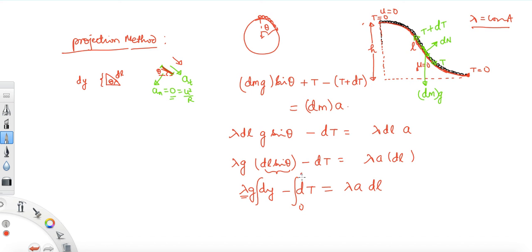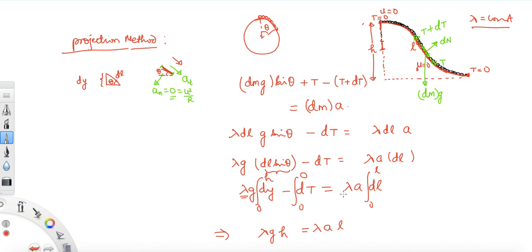So dT goes from 0 to 0, and integral dy is going to be h, because all the dy add up to h. The constant lambda a multiplies integral dl, and all the dl elements add up to the length of the chain, from 0 to L. So we get lambda g h equal to lambda a L.